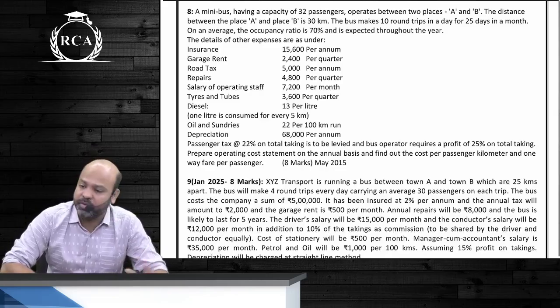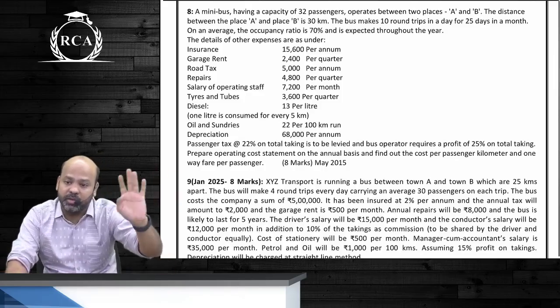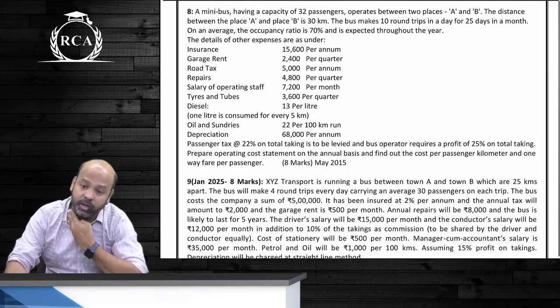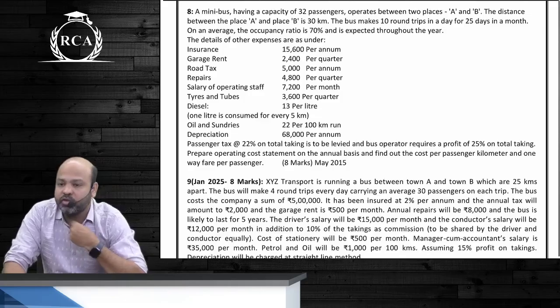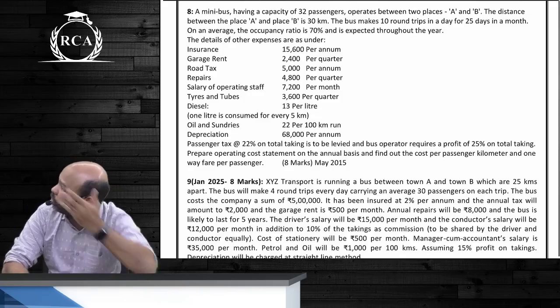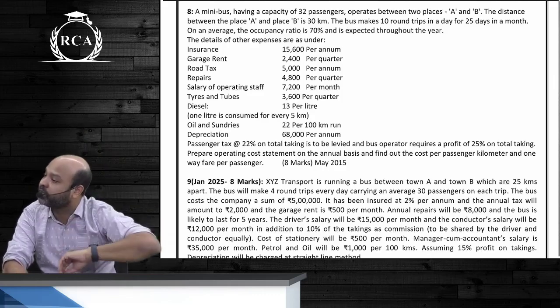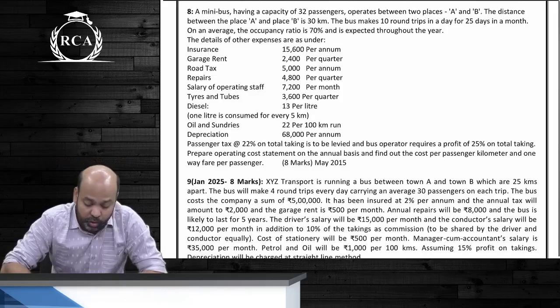Profit is also as a percentage of total taking. So if you are collecting X rupees from the customer, 0.25x is your profit. 0.22x is the amount of passenger tax. How much is left? This should become your net cost, 0.53x. Whatever cost that you are preparing will be equated to 0.53x, and that will give us the amount of revenue, total taking.